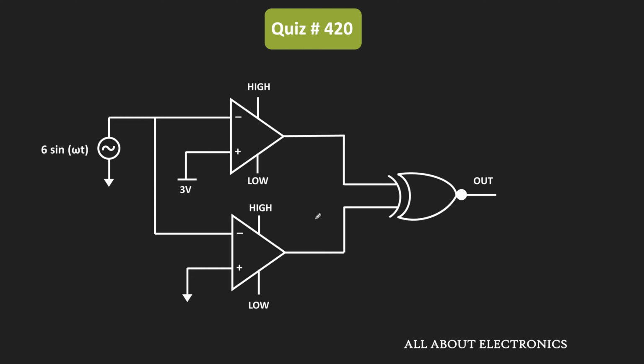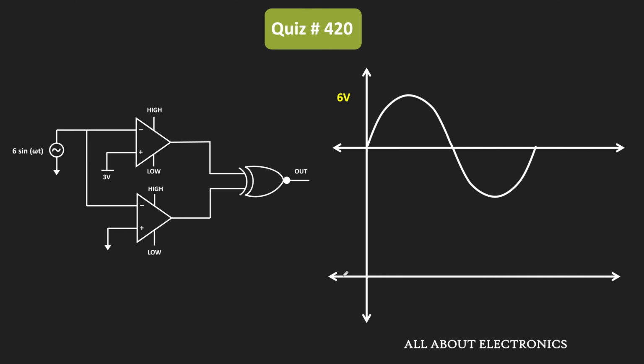To find the output waveform, first of all let us find the waveforms at the x and y points, starting with the first comparator. This sinusoidal signal is applied to both comparators. For a sinusoidal signal, one duration is from 0 to 2 pi, and the amplitude of the signal is equal to 6 volt.